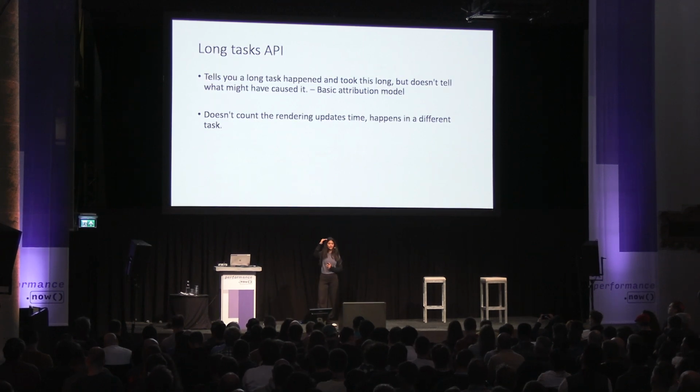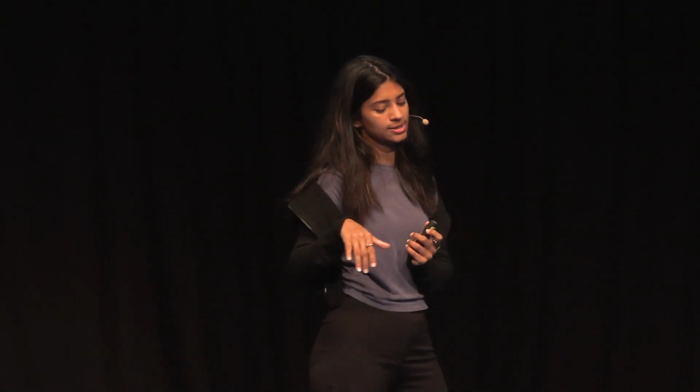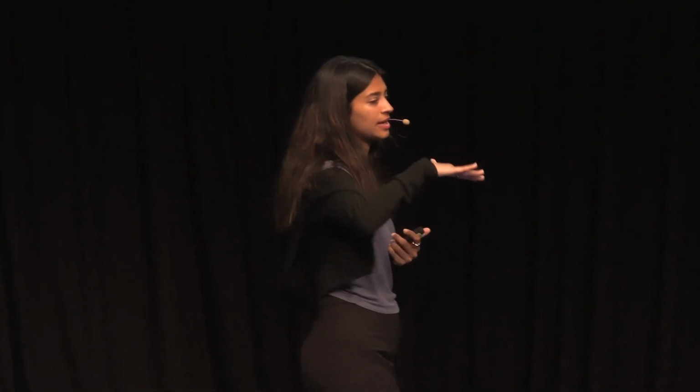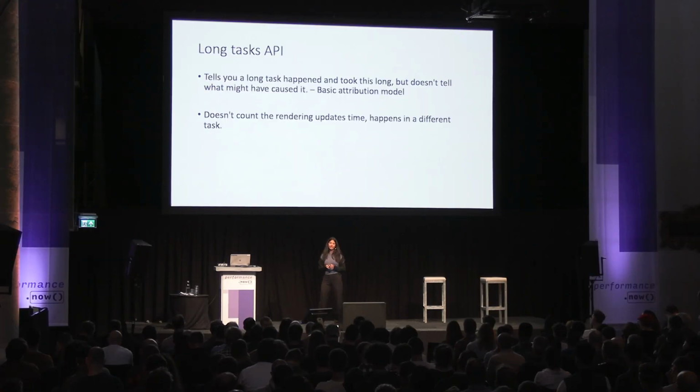It's that high-level event container that might have caused it. But it doesn't tell you that this particular function or script was the one that caused that long task. Also, it doesn't count that rendering update, that presentation delay later on. It happens in a different task, and it's not included in the main long task measurement. So again, it's not close to what you would want to have.